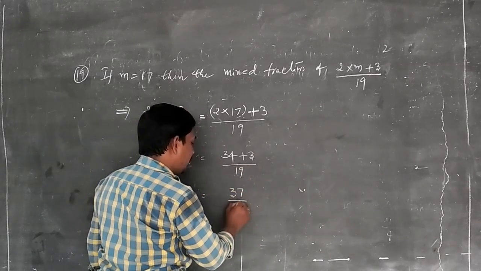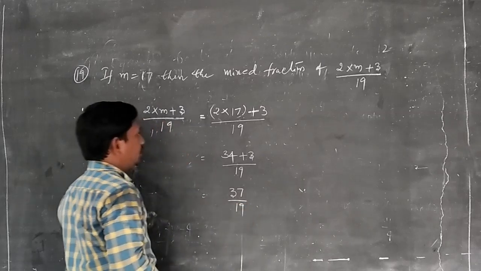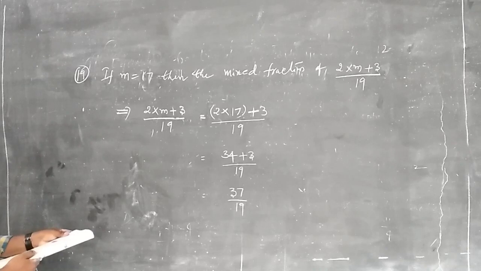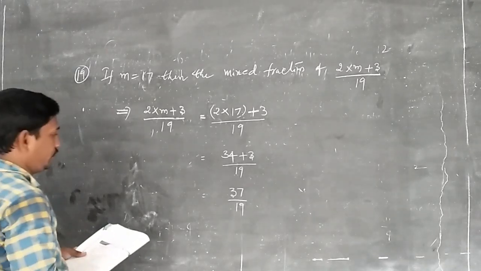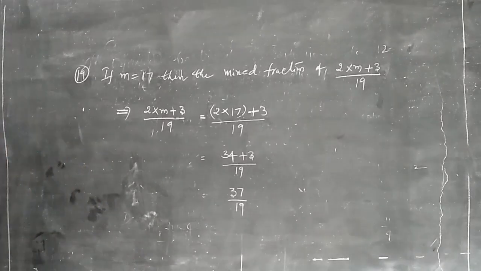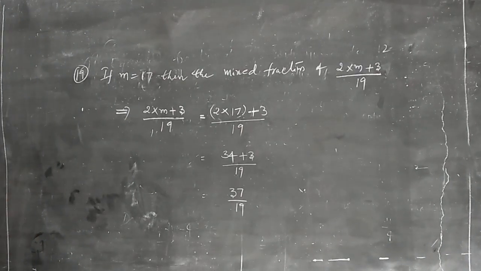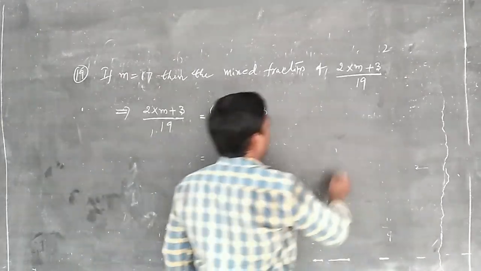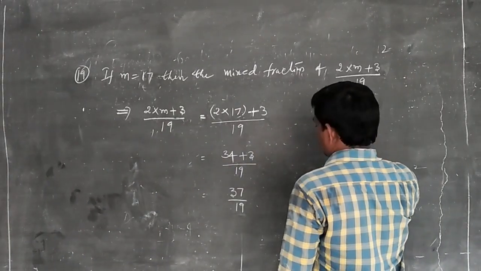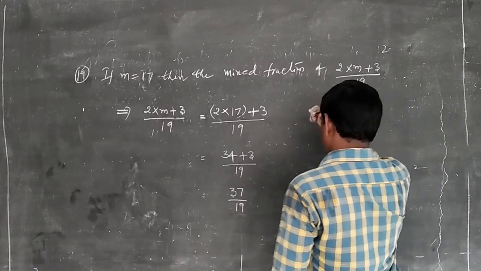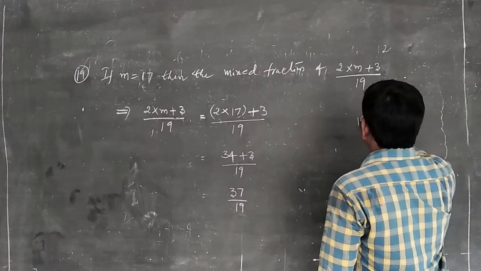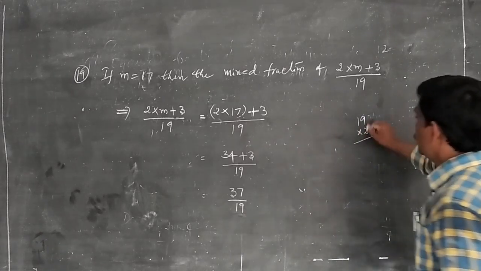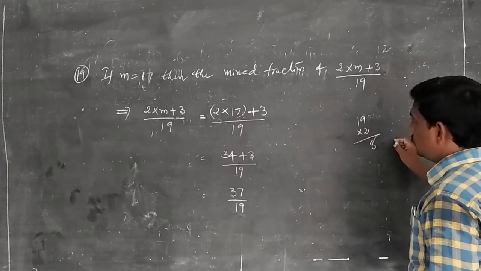That gives 37 by 9. Nineteen twos are how much? 2 nines are 18.